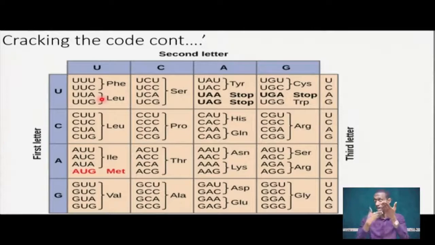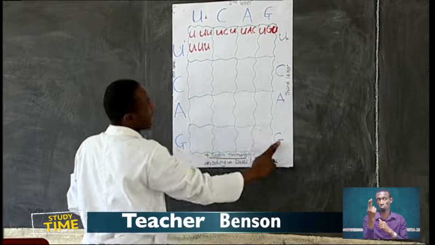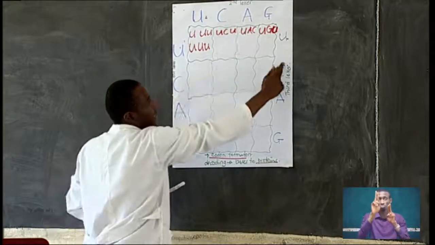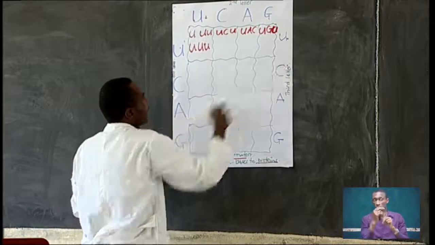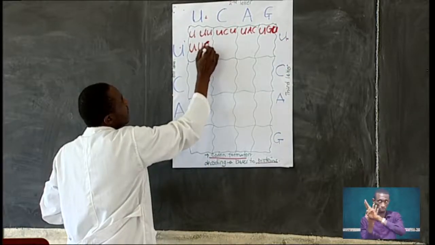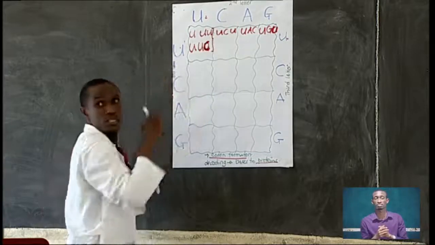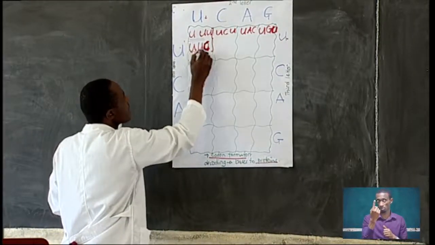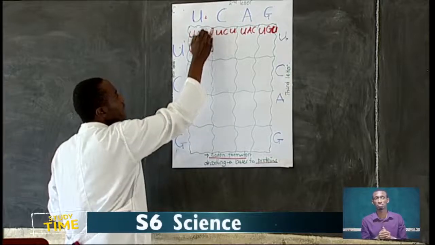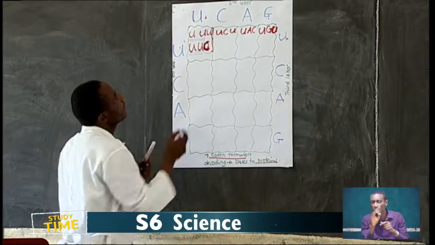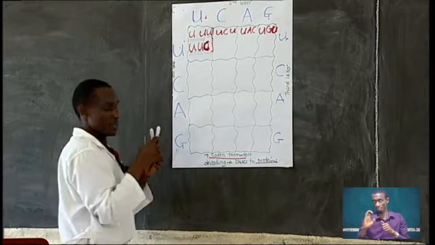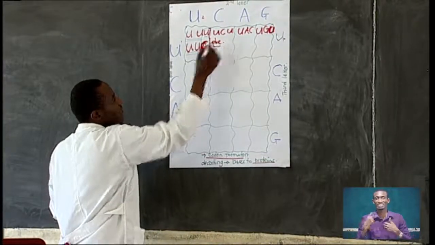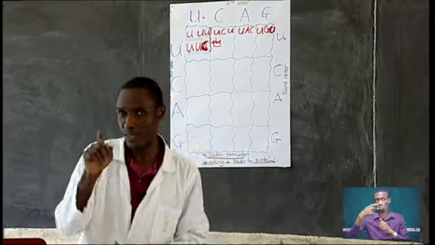If we have U, C, A, and G, then this would be first, second, and here we are. The first letter, the second, and then the third. So you have our C, which takes us to, pay attention here, the first two are the same. They only differ by the third, in which we have a U going for a C. Did you check that? Now, the interesting part is that all these can code for phenylalanine. Can you check that?